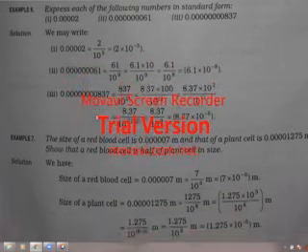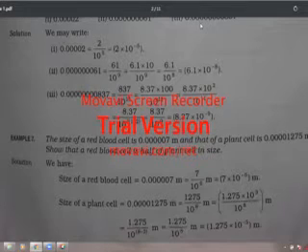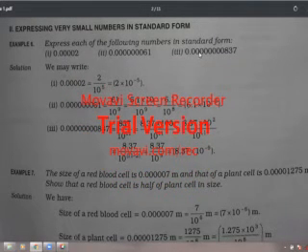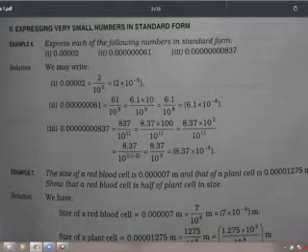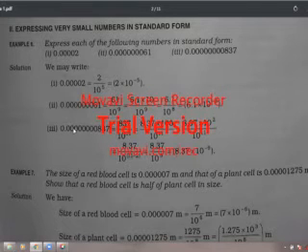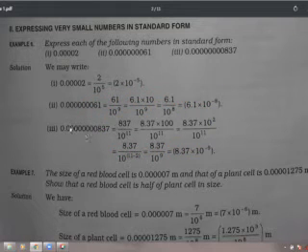Now if you see the third question, here it is 0.00000000837. So here it has been written 0.00000000837. So what happens when we write the number as numerator and denominator? The number at the top is 837, and below for the point there will be 1, and after that however many numbers there are, that much will be the power.